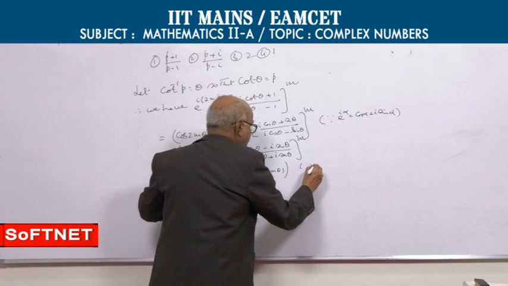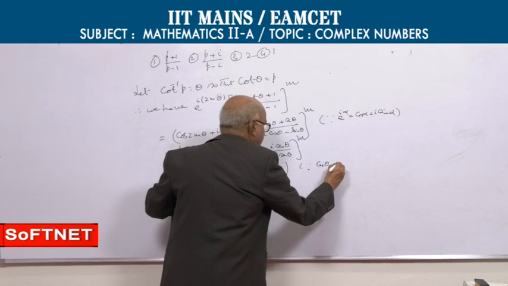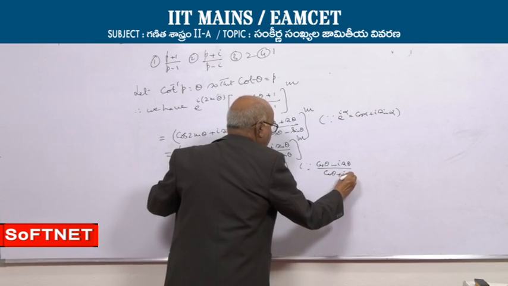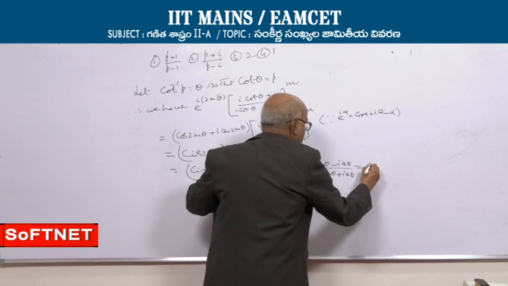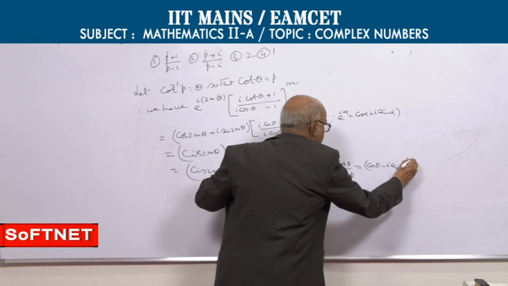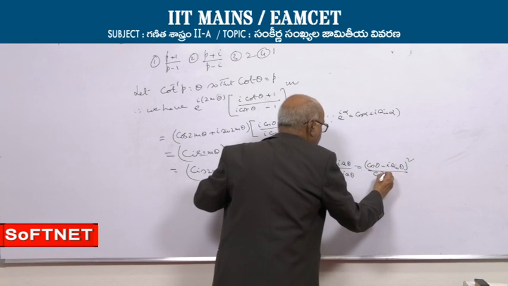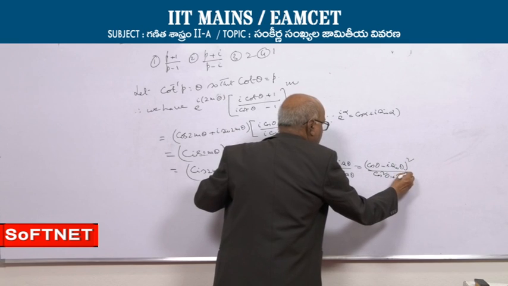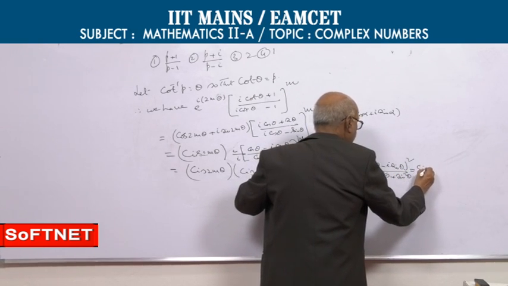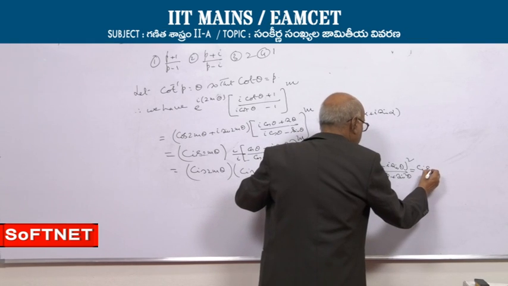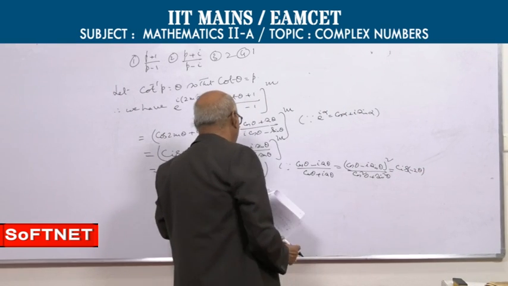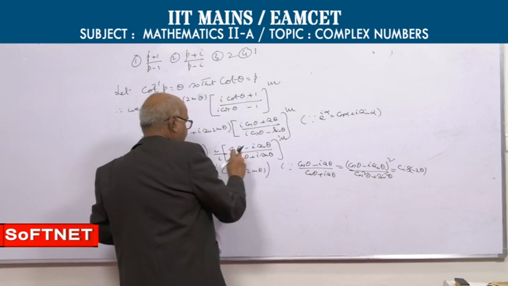Since cos theta minus i sin theta by cos theta plus i sin theta is equal to cos theta minus i sin theta whole square by cos square theta plus sin square theta, which is 1, which is nothing but cis minus 2 theta. So whole power m is there, so minus 2m theta.